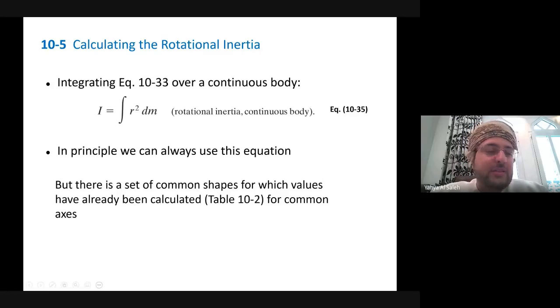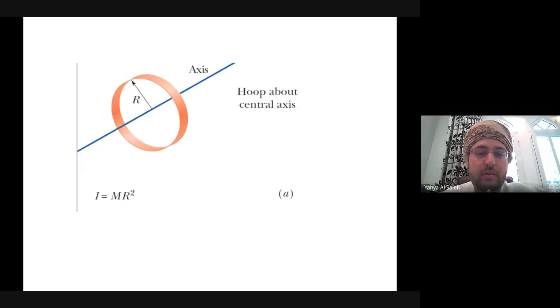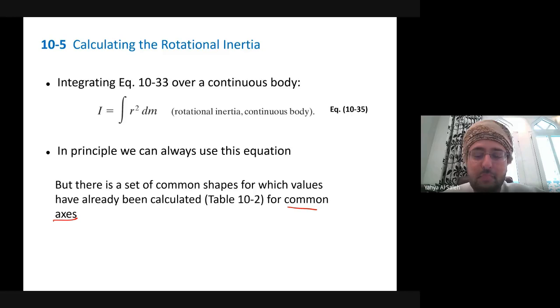So there are a set of common shapes for which values have already been calculated, for common axes, and I'll explain why it says common axes in a second. These common shapes, we will always know, unless we want something different, then we do a special calculation.